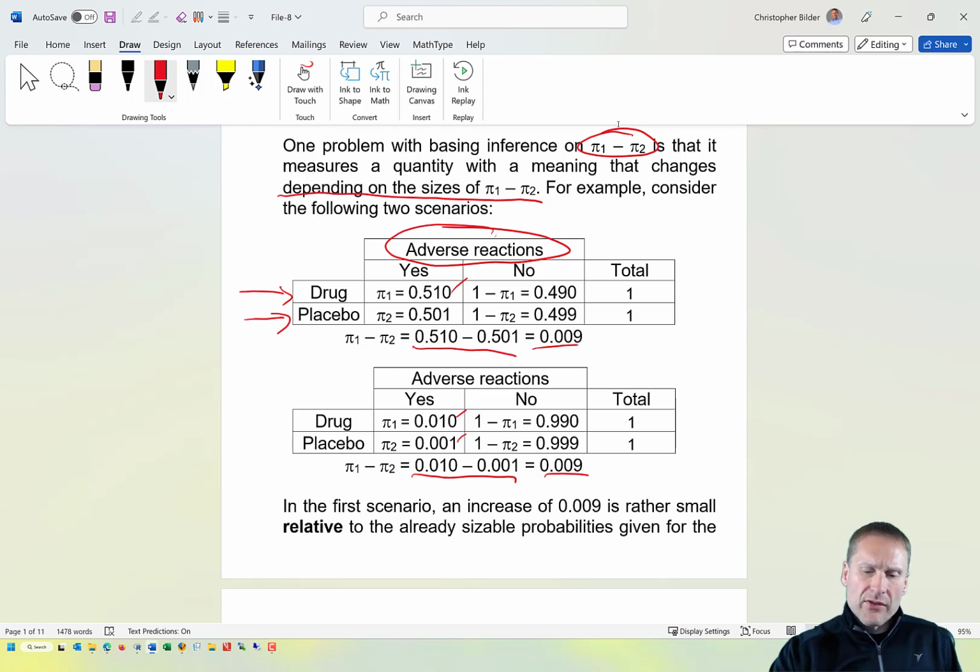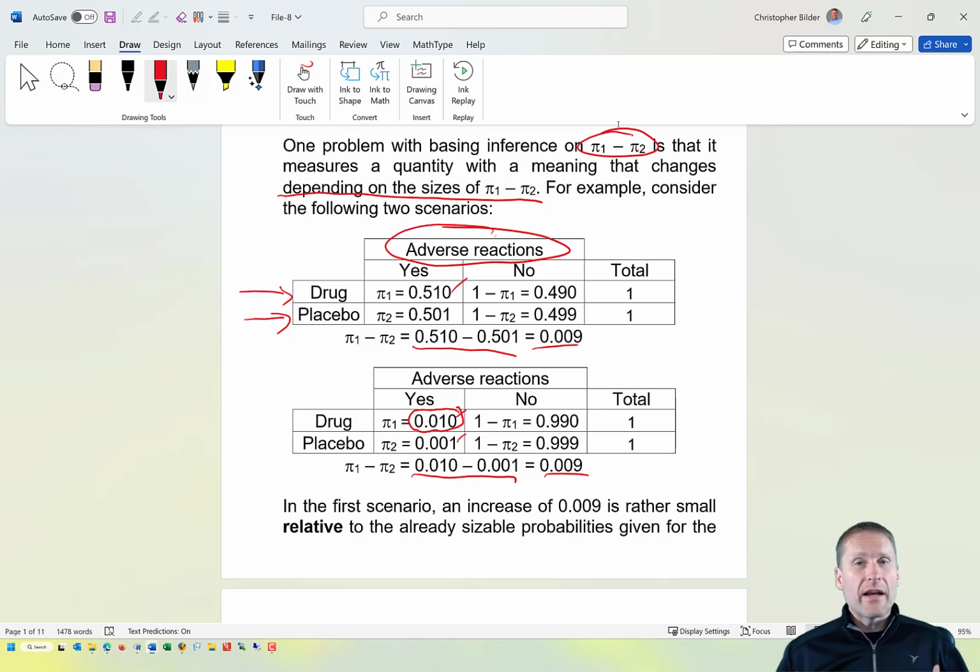But in this particular example, we also see that people are 10 times as likely to have an adverse reaction when they take this drug than when they don't. And in medical settings, that's very, very important. So you've increased your risk of getting an adverse reaction by taking this drug. You're 10 times as likely to have this adverse reaction.